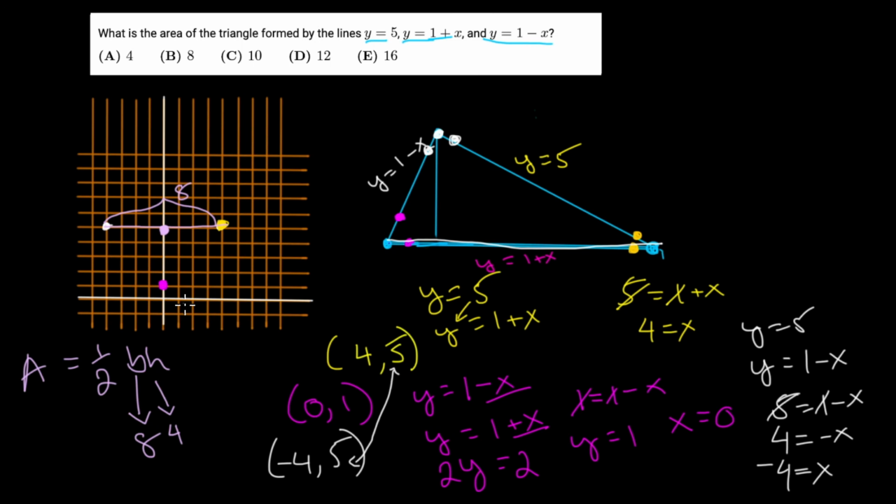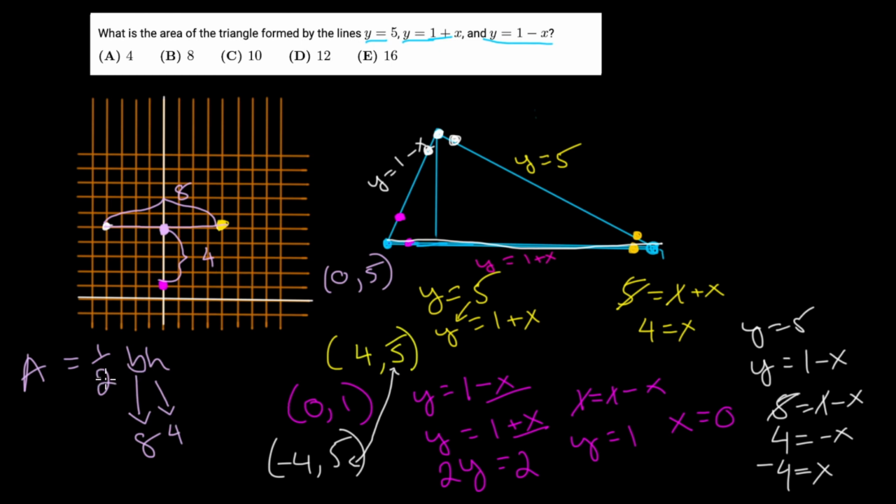And we know that it bisects this line, and the point where these two will intersect will be 0, 5, because it's on the y-axis. And so we know that the distance must be 4. We can check it with our graph here, and the distance is 4.